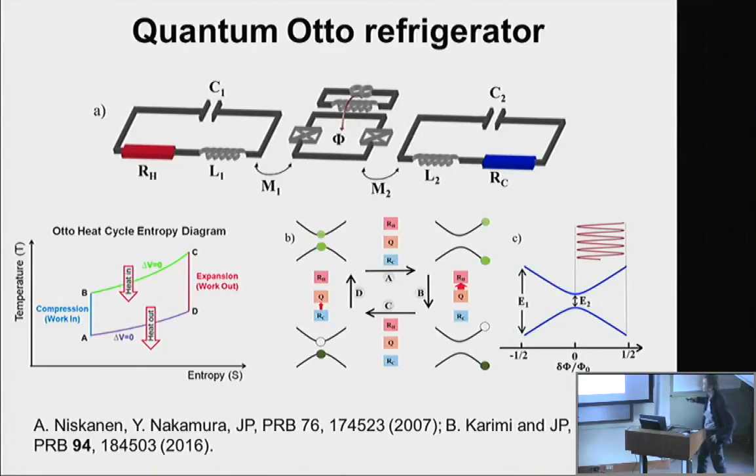Again, you move the flux such that the system is fully decoupled from the 2 baths, and it stays in the ground state until it hits again the resonance with the right one, and then the population comes back. So in this process, the heat is transferred from the cold bath to the qubit and then to the hot bath. And this can be realized by just making a sinusoidal drive of the flux between these 2 extreme values shown here.